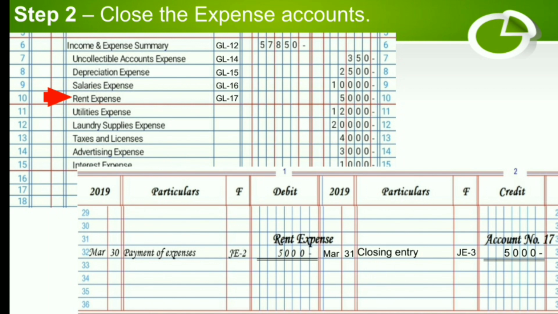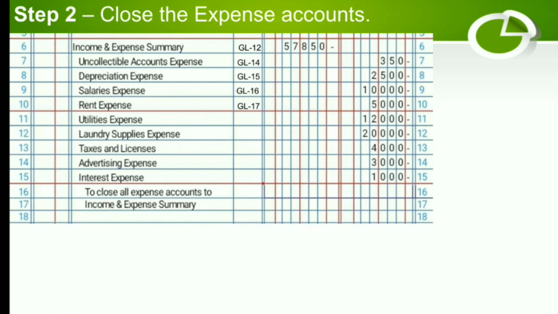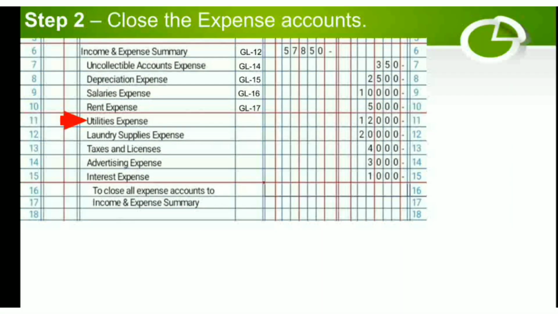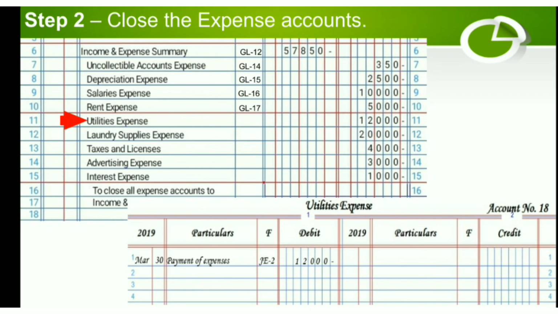Moving on to the next credit entry, utilities expense of 12,000 pesos. This will be posted in the credit side of the utilities expense account. So we have here March 31, for the closing entry. In the folio, we will write JE3 and then the amount is 12,000 pesos.